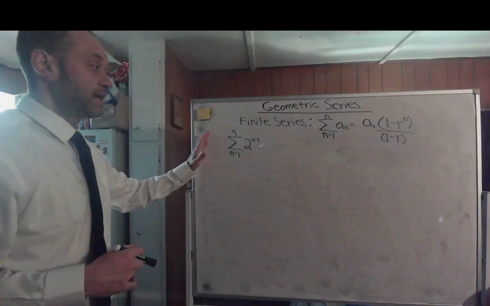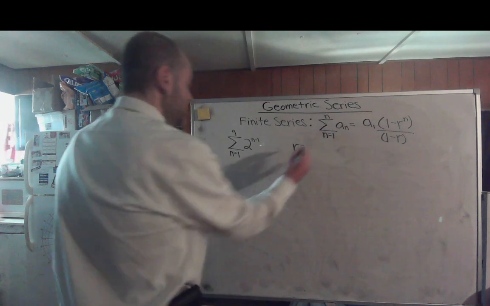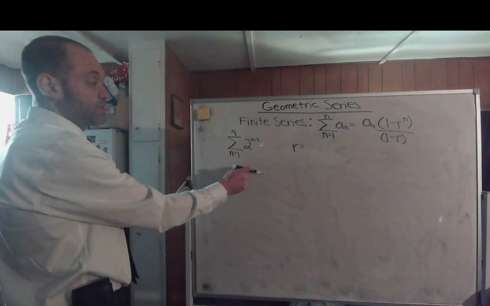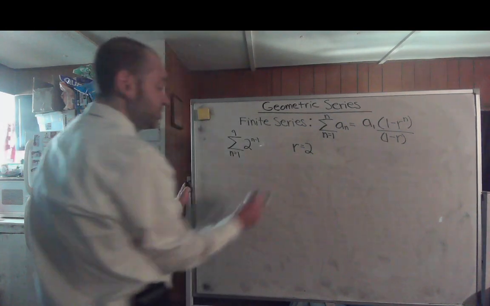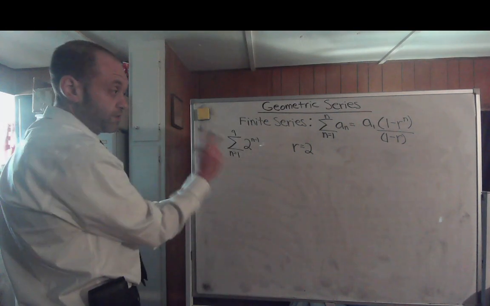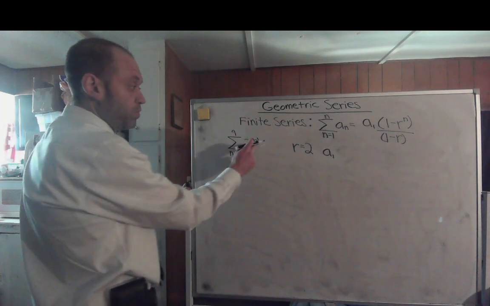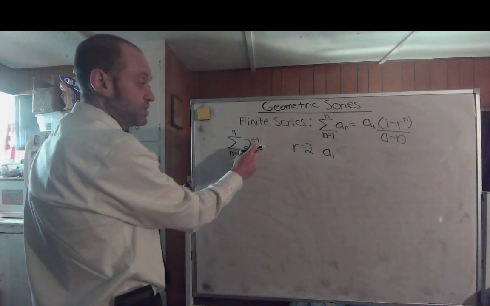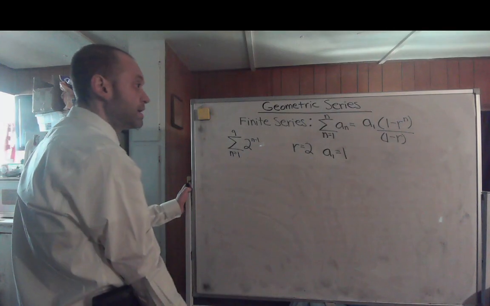What would probably help is if we identify the common ratio. Well, the common ratio, that 2 to the n minus 1, that is your common ratio, which is 2. Your first term, your a sub 1, all you have to do is just put in 1 for your n. You'll get 2 to the 0, which is 1. So a sub 1 equals 1.